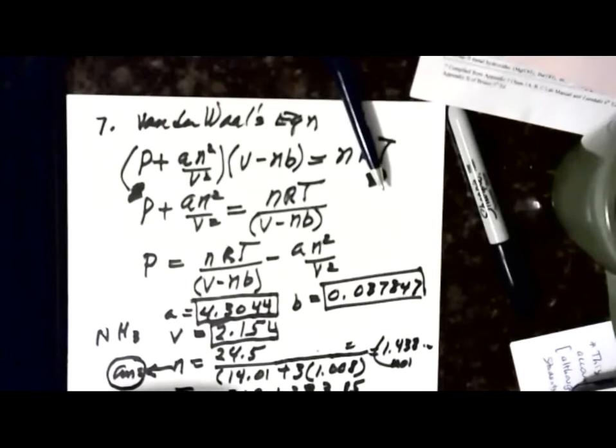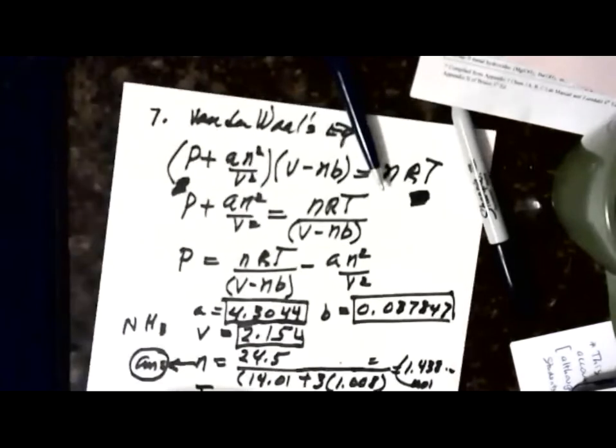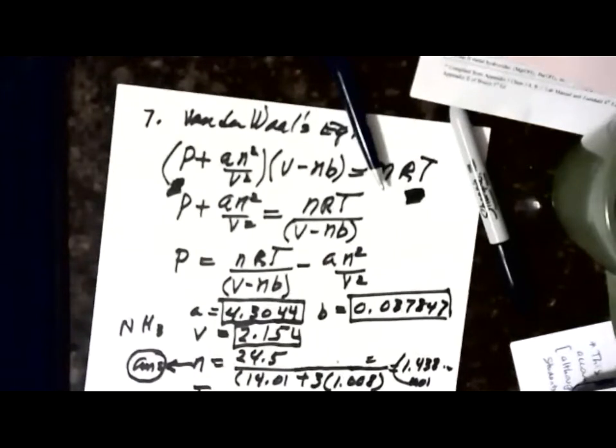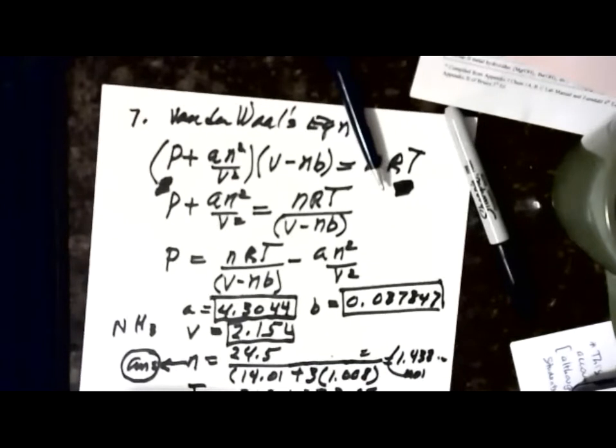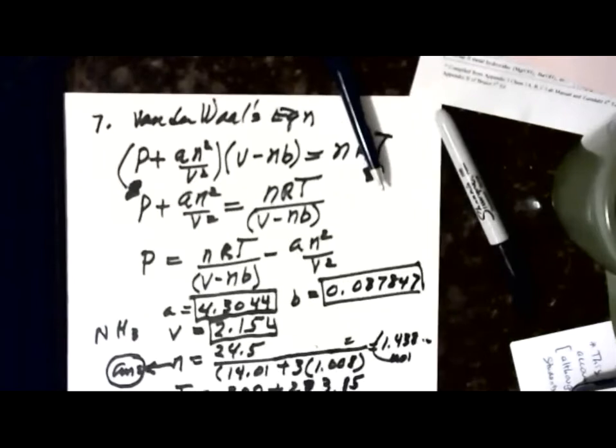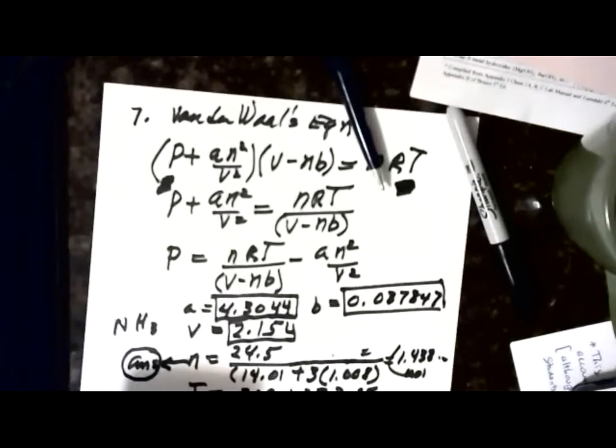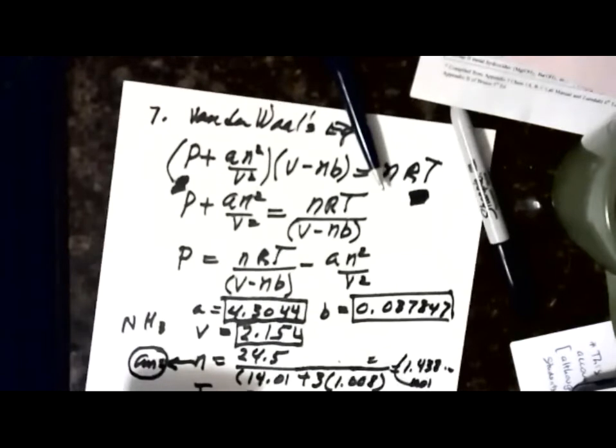So kilo is 1,000. So I multiply that by 1,000. And I get, let's see, 1, 2, 3, 4, 5, 6, 3.076 times 10 to the 6 pascals.